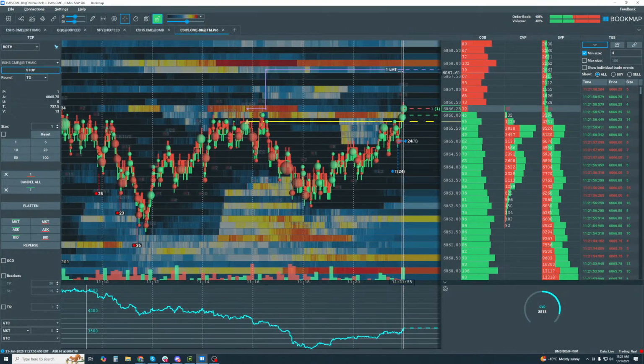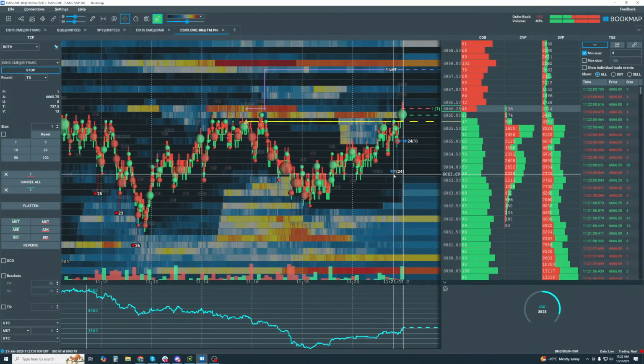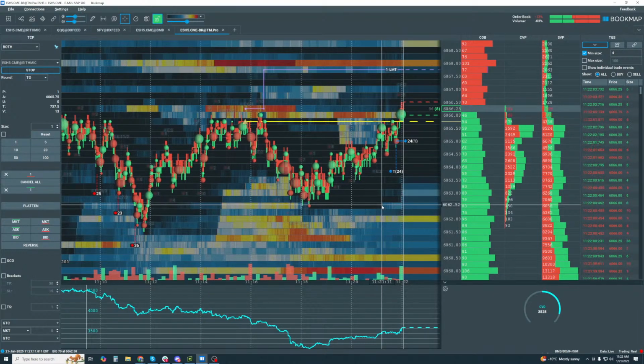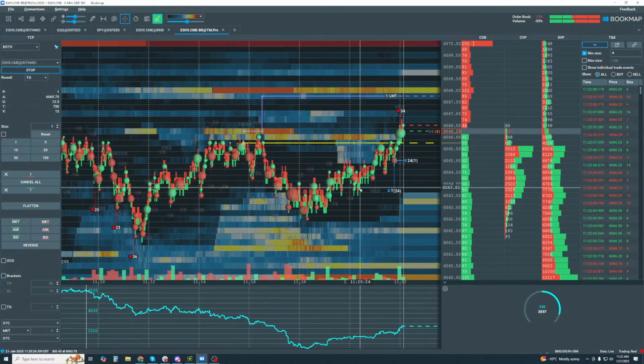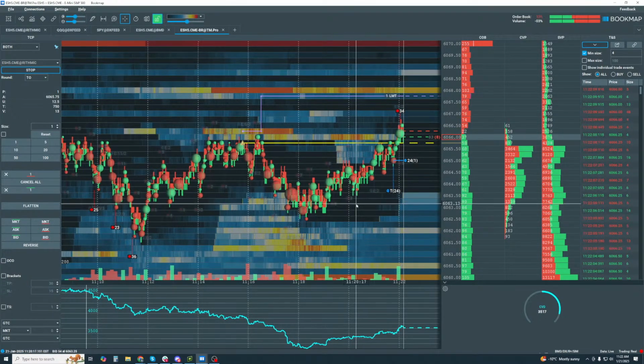Let's see if we can get our stop run here up into 68. There's 34. Okay, looking for a bigger stop run than that.